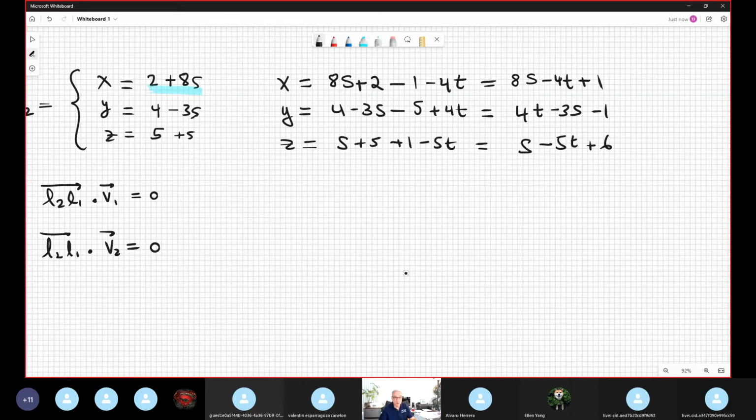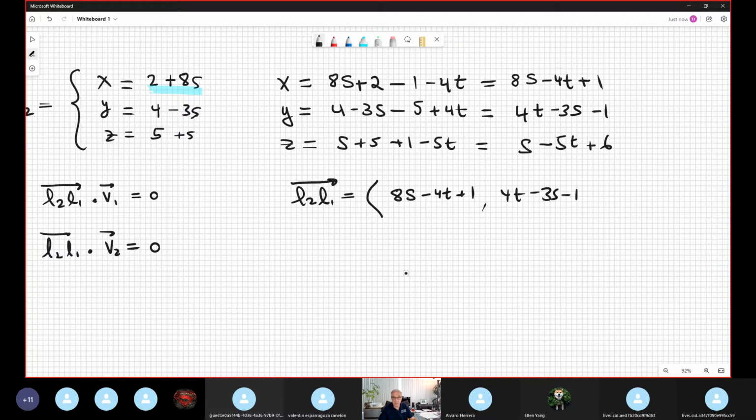Okay, and let me write in vector notation. L2L1 is the vector (8s minus 4t plus 1, 4t minus 3s minus 1, s minus 5t plus 6). Who is b1 and who is b2?